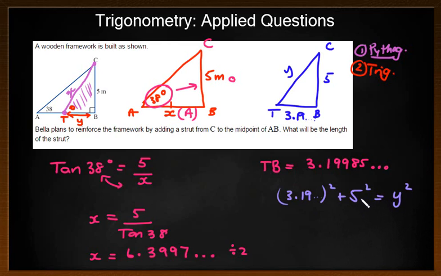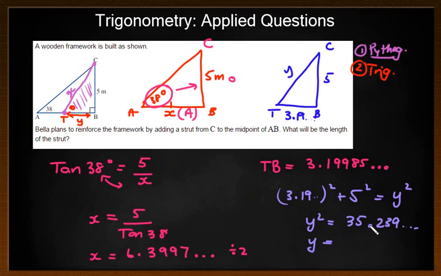Now I'm going to still use this in my calculator, so the answer's still there. If not, write that whole number out and press squared. But I'm just going to square it now in my calculator. I'm going to add 5 squared. And I come up with y squared is equal to 35.239 and so on. And so obviously to get rid of the square, we're going to square root.